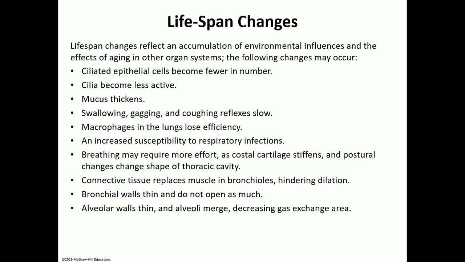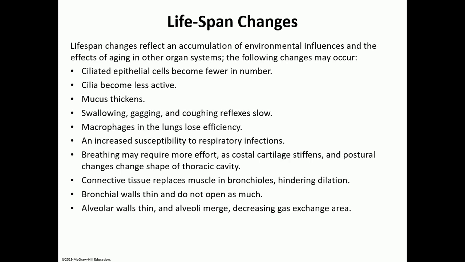Now, for the lifespan changes that happen to the respiratory system, it is very variable depending on the person, if he or she smokes, depending on where they live and their occupational exposure, and exposure to pollution and so on. But these are the changes that tend to occur: the ciliated epithelium tends to become less in number.